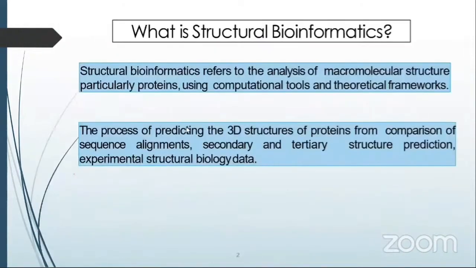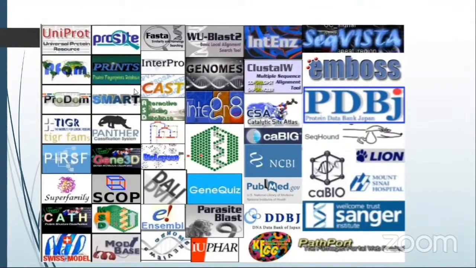Okay. So these are the databases which are there in the bioinformatics platform: UniProt, Pfam, CATH database, SCOP database, PANTHER database. So these are all specialized databases, genomics databases, okay, PROSITE database, PDB database or the PDBJ.